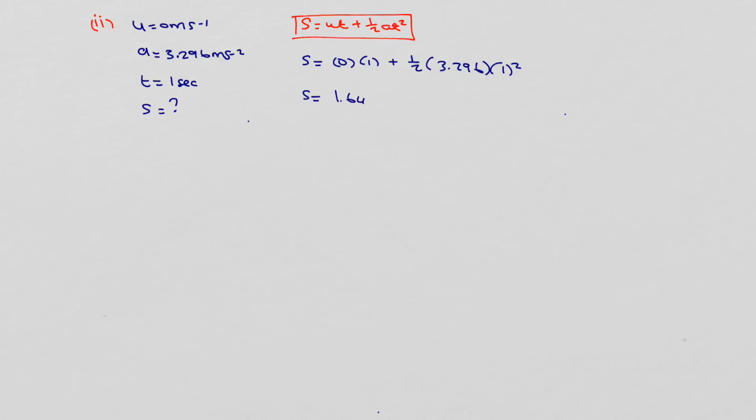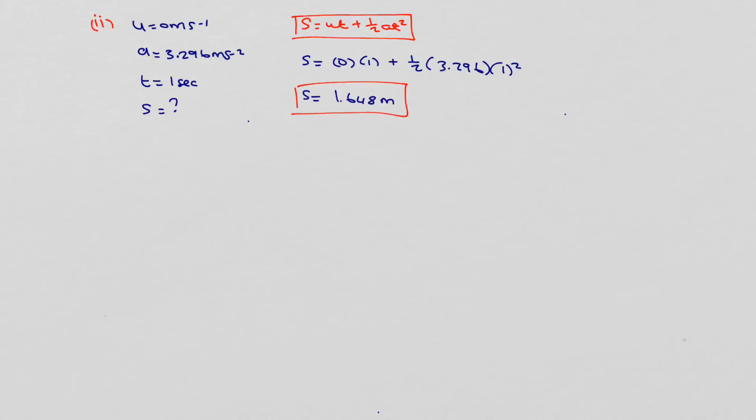So we have SUVAT and we're looking for S. So it's clearly going to be our equation S equals UT plus a half AT squared. And therefore S is equal to U times T plus a half times A times T squared. And therefore S is equal to 1.648 meters.